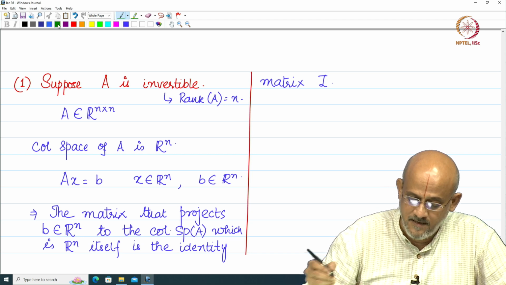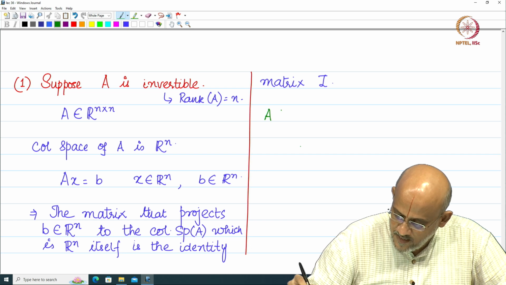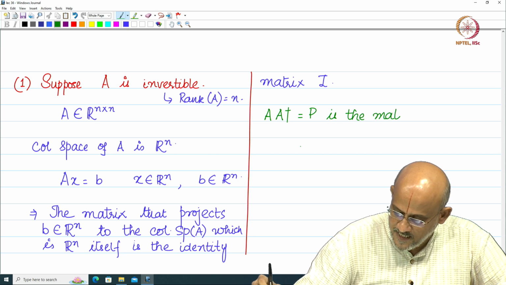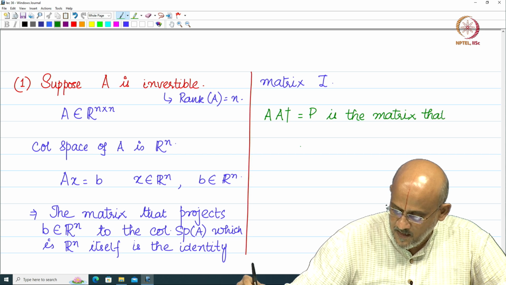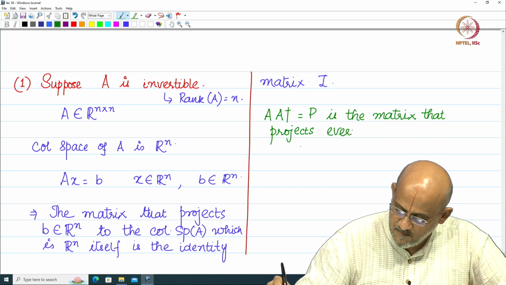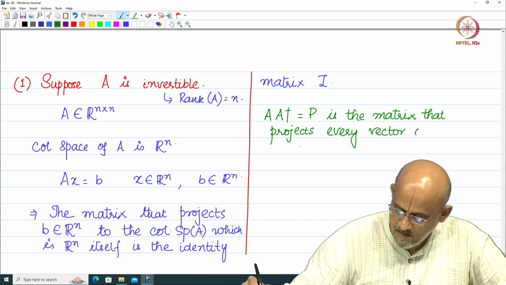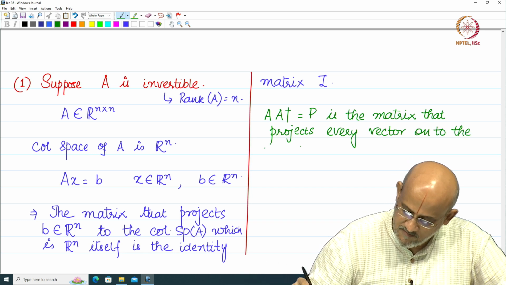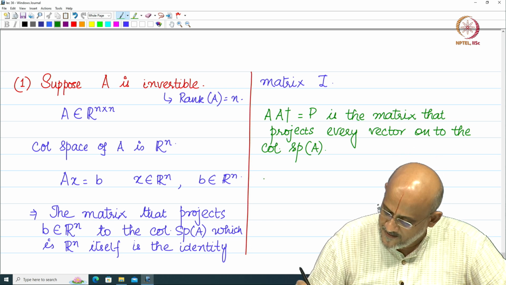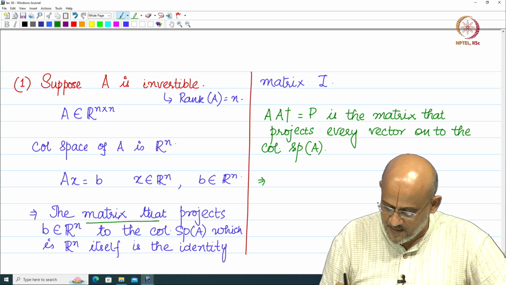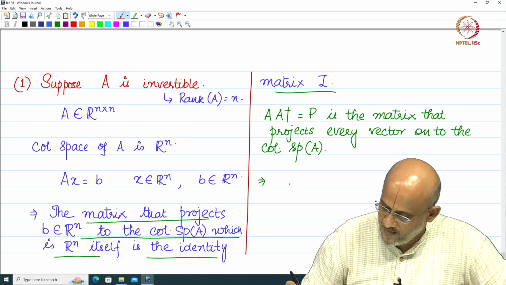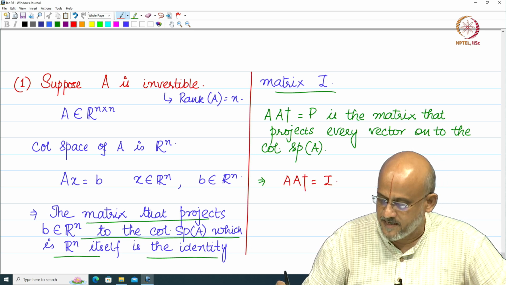Now what is it that we know? We already know that A into A pseudo inverse is equal to P, the matrix that projects every vector onto the column space of A. And that projection matrix, we have already said, for every vector in Rn to the column space of A, which is also Rn, is the identity matrix I. So we are going to have A into A dagger equal to the identity matrix.